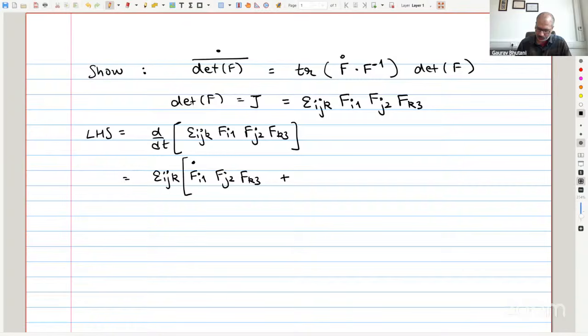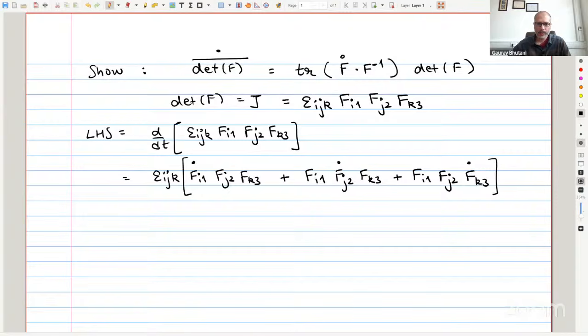Let's keep this epsilon outside, and then similarly, from the product rule, we have fi1, fj2 with a dot on top, fk3, and thirdly we have fi1, fj2 times fk3 with a time derivative on it, right? So this is the expression that we have.